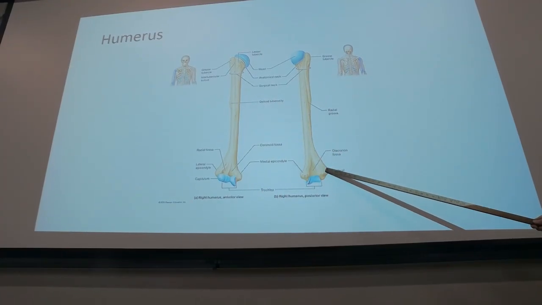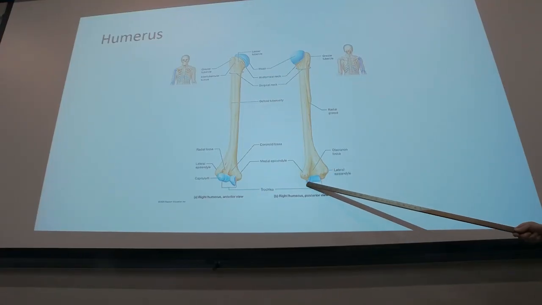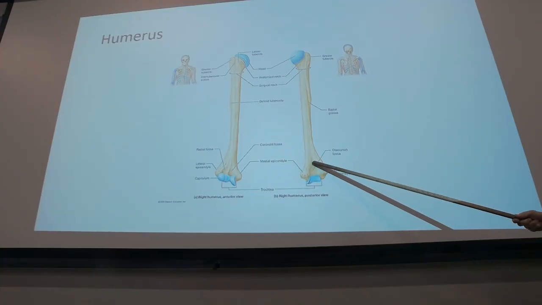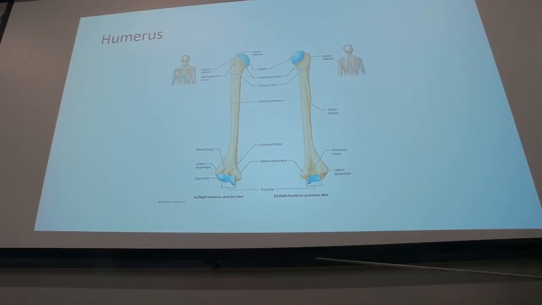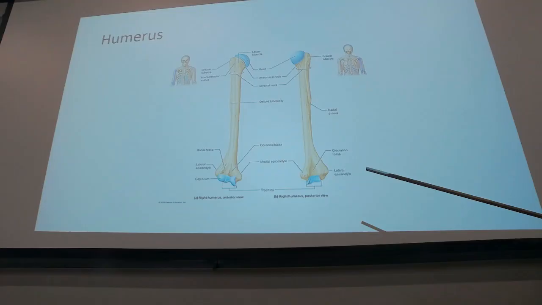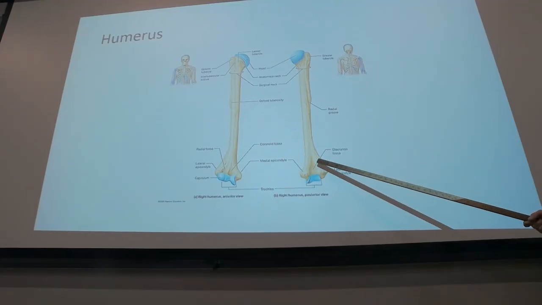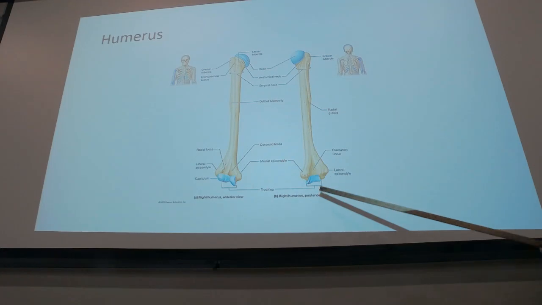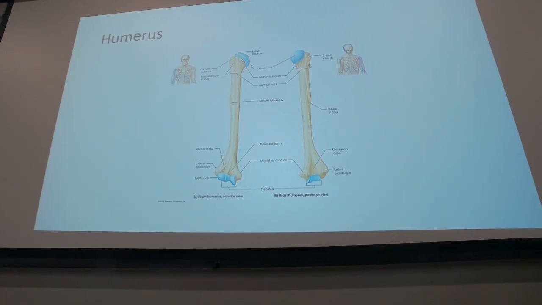And here in this posterior part of the distal epiphysis of your humerus, you have the largest fossa of the three fossas that your humerus has. This is the olecranon fossa. In the olecranon fossa, you have the fitment of the olecranon process, which is your elbow bone. It's part of the ulna.